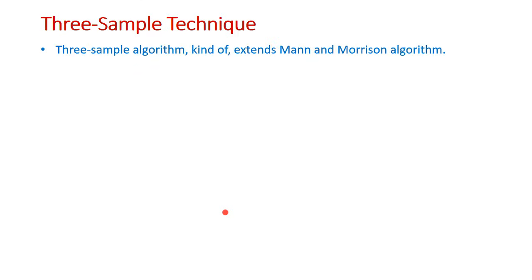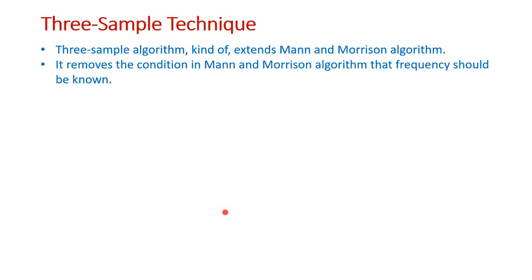So we can see the 3 sample algorithm is kind of an extension of the Mann and Morrison algorithm, but it removes the condition that the frequency should be known. Here the frequency is also unknown, so we need to estimate it.